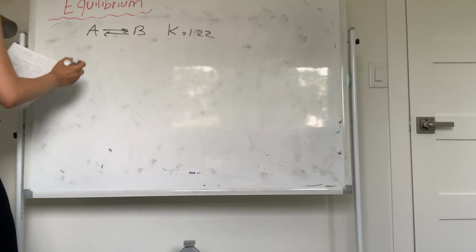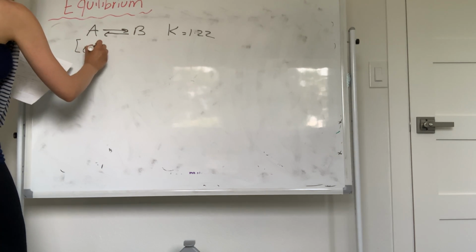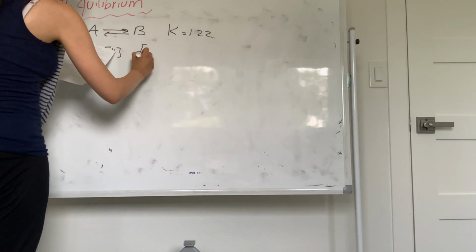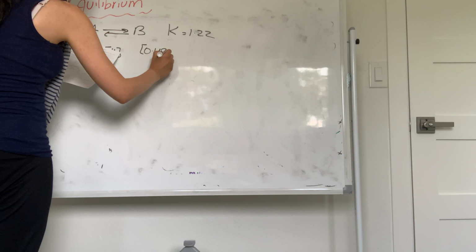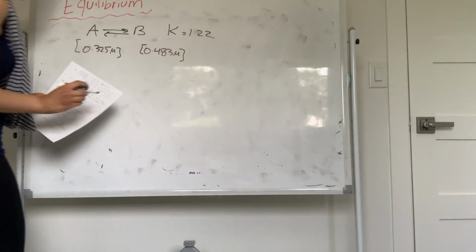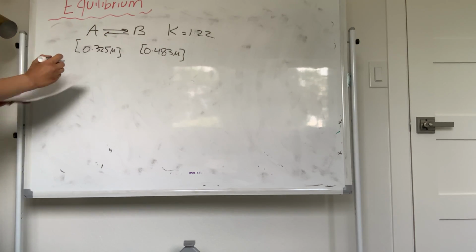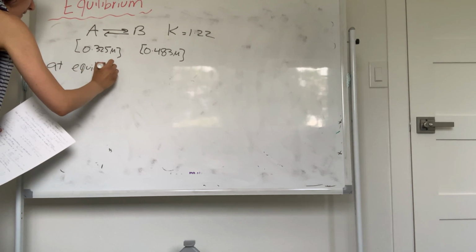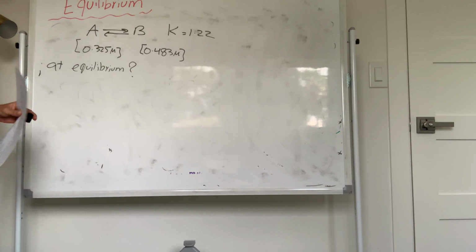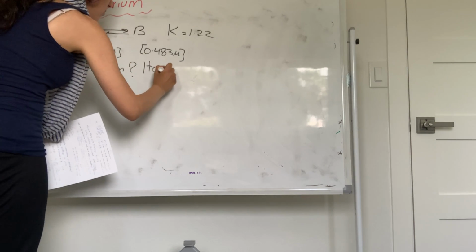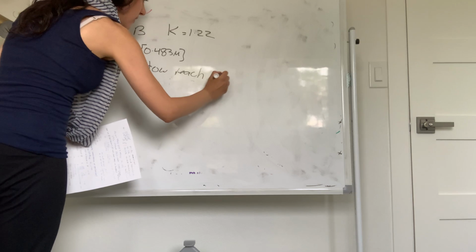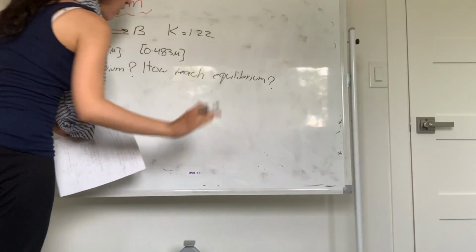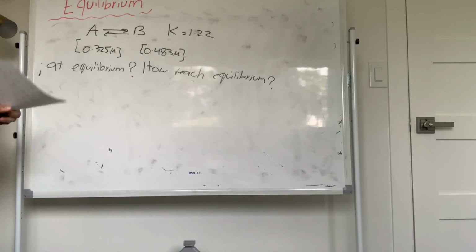What we have right now is 0.325 molar A, and 0.483 molar B. The question is, are we at equilibrium? If not, how can we reach equilibrium? I'm going to give you a minute. Pause me, do this, and then we're going to do this together.